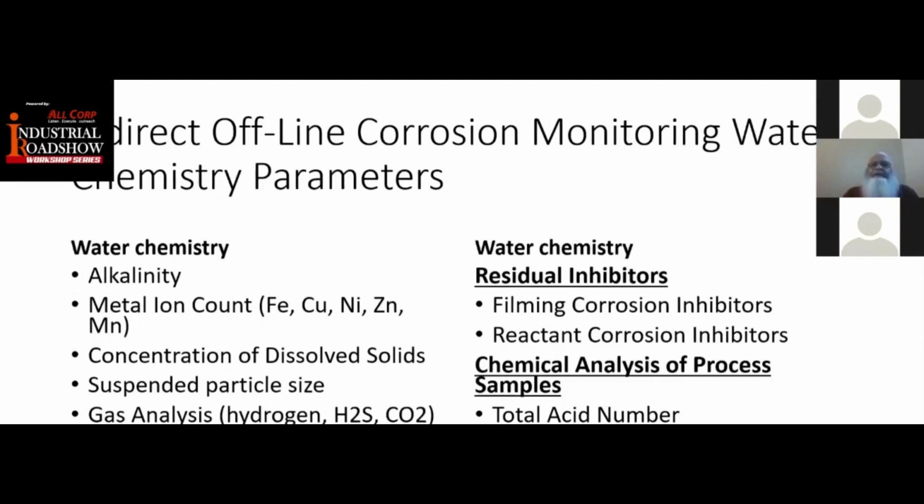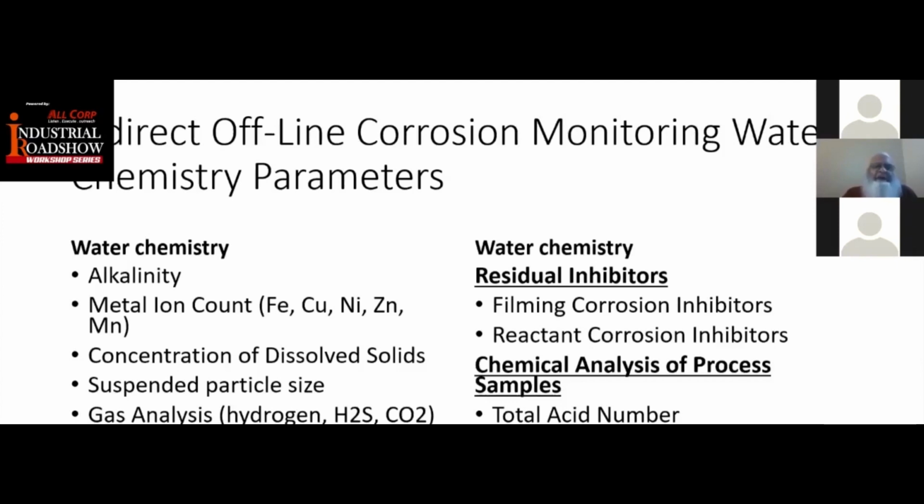Indirect offline corrosion monitoring: water chemistry parameters, which we have to monitor to see what may be happening to the corrosivity of the fluid. In water chemistry, there are alkalinity, pH values, and metal ion counts like iron, copper, nickel, zinc, and manganese, depending upon the metallurgy of the equipment, and concentration of dissolved solids, which can cause actual erosion issues. The suspended particle size also causes erosion issues.